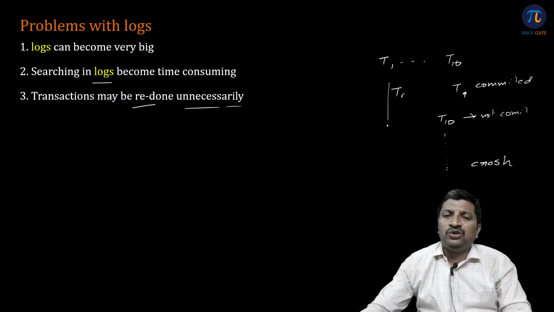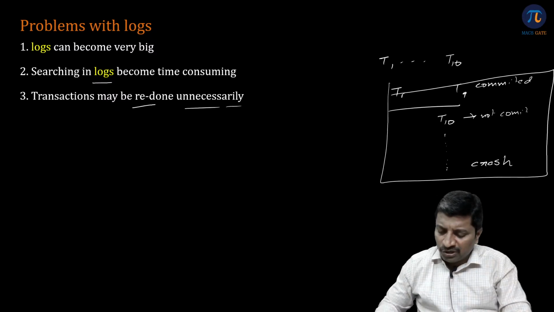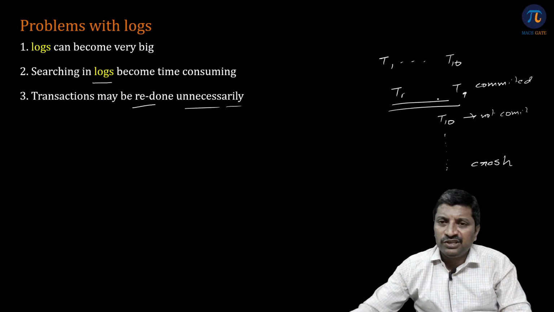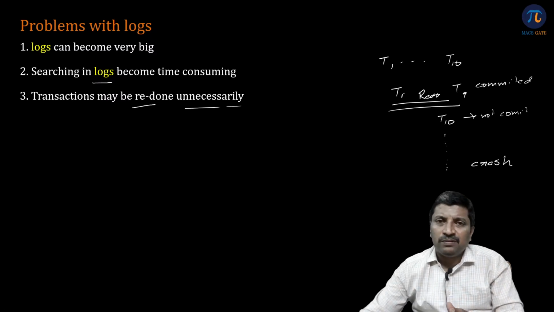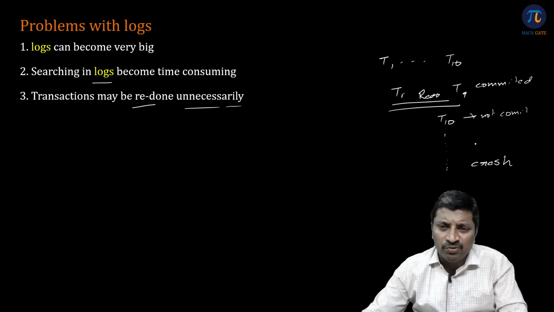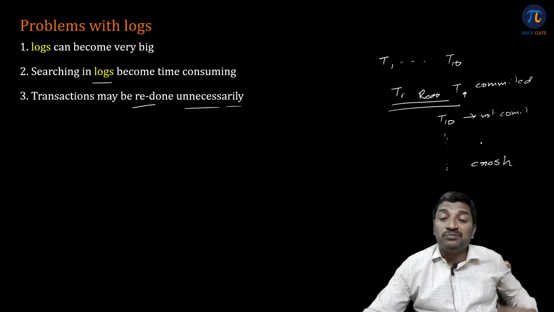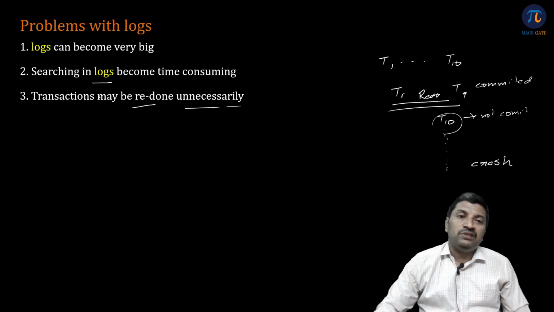Then I need to redo all of T9 and T10. Why redo again, sir? Because they were already completed successfully. Suppose we started redo and again we are doing T10. Because of the length of T10, sometimes there is more chance of failure. So again I need to redo. That's the meaning of it.